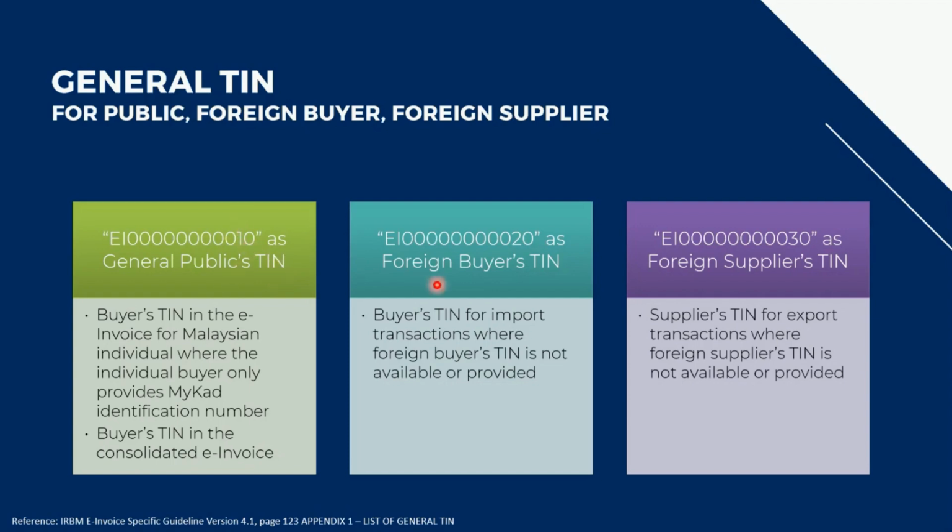Next, 20 is for the foreign buyer. If you have any foreign customer, you can just use this TIN for them. For 30, it is similar to 20, but this is for the foreign vendor. If you are buying something from overseas and they don't have a TIN number, you can use 30.